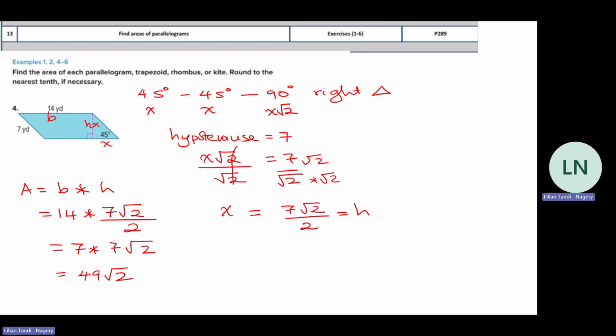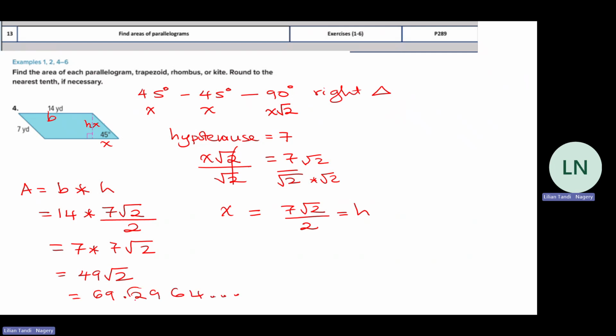Then what did the question ask from you? The question said you should change it to decimal. So 49 square root of 2 becomes 69.2964 and so on.